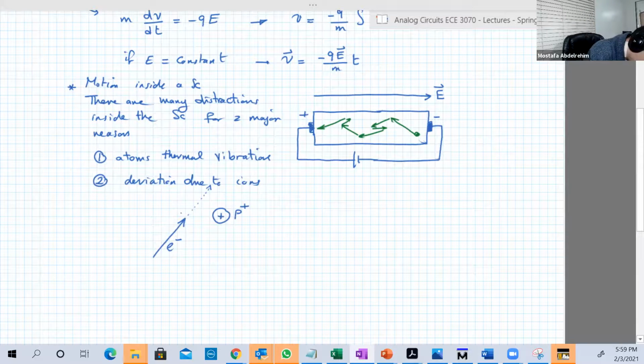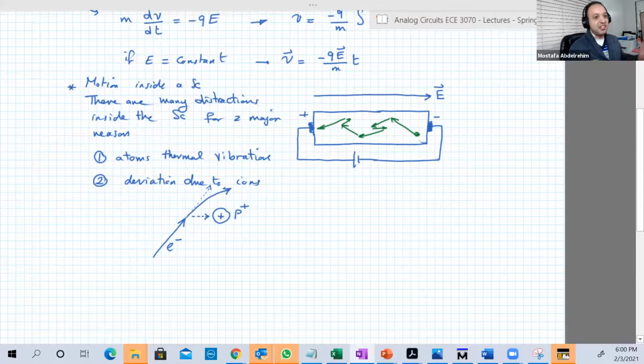So the electron has the tendency to continue in its main course, and the tendency to move toward the positive ion. It will not go to the positive ion, and it will not continue in its original course, but it will do something like this.